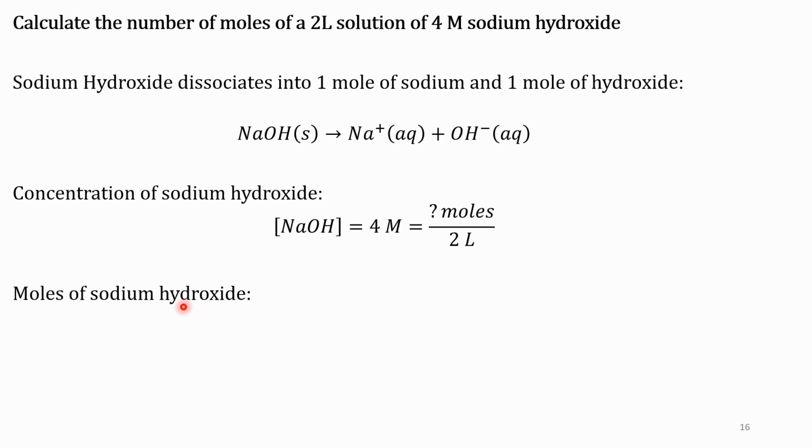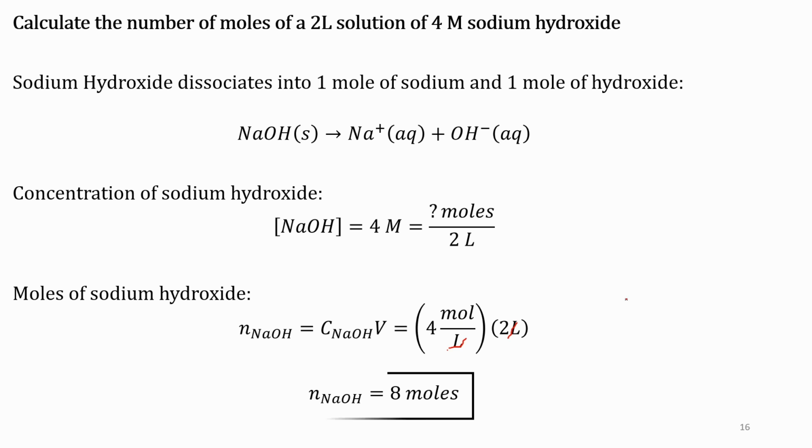The moles of sodium hydroxide, n sub NaOH, is going to be the concentration of sodium hydroxide times the volume of the solution. Concentration again is 4 molar. I'm going to multiply by the volume of the solution, which is 2 liters. Instead of writing it as 4 molar, I want you to write it as 4 moles per liter so that we can cancel out liters with liters. We'll get moles. Our answer is 8 moles.